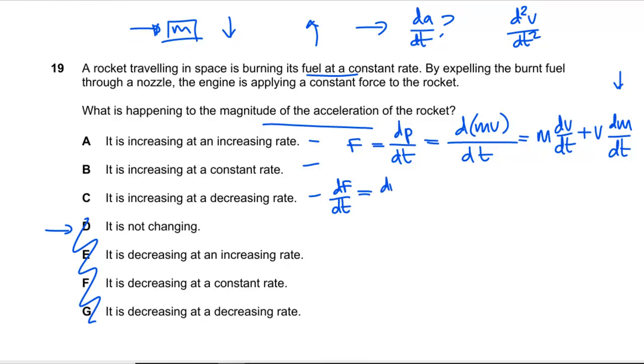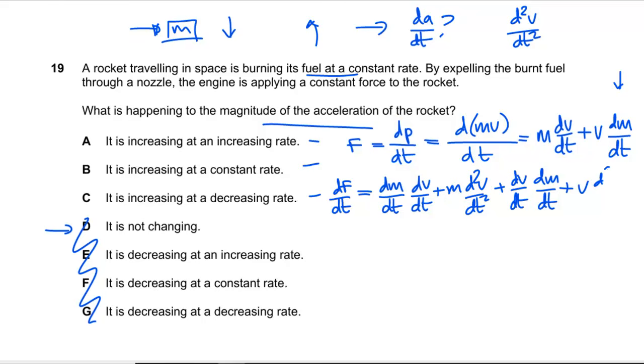Then we're going to have a dm/dt dv/dt plus an m d2v/dt squared, which is the thing that we're after, plus a dv/dt dm/dt plus a v d2m/dt squared. This last term is 0 because dm/dt is a constant.